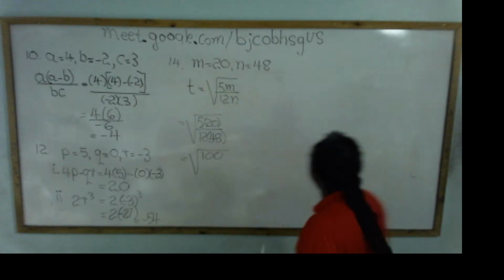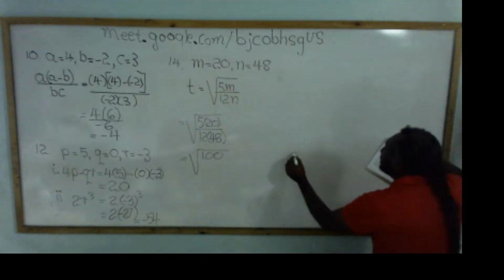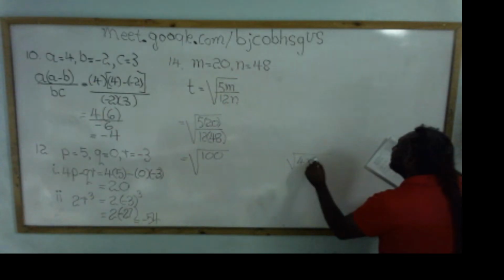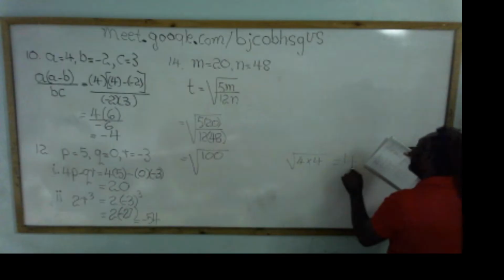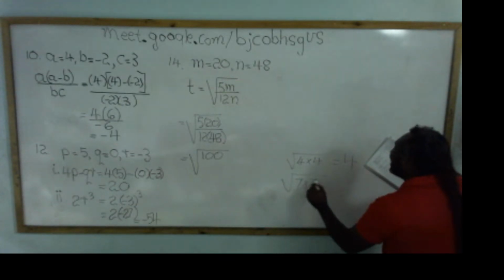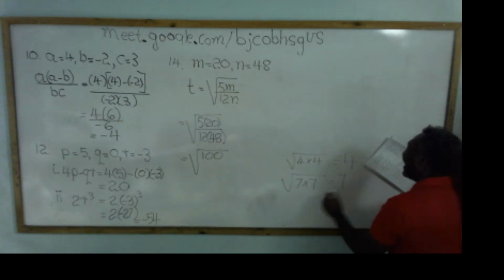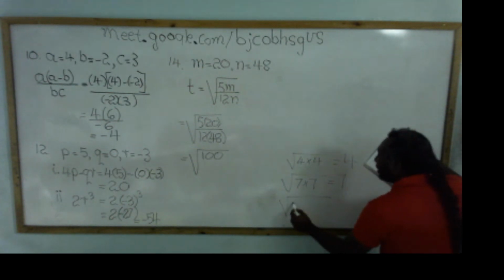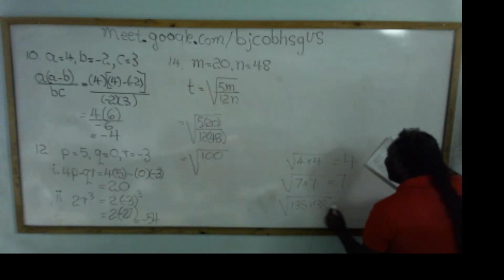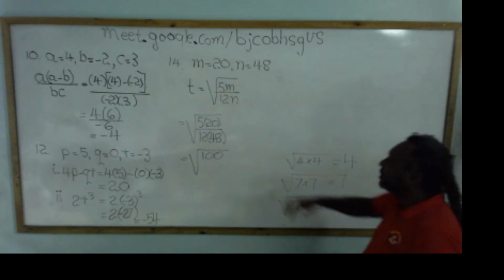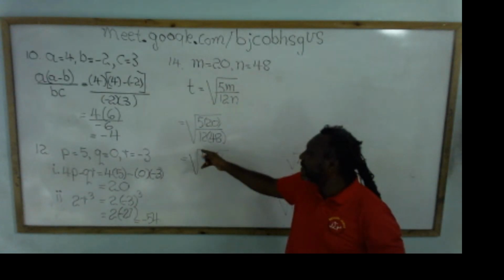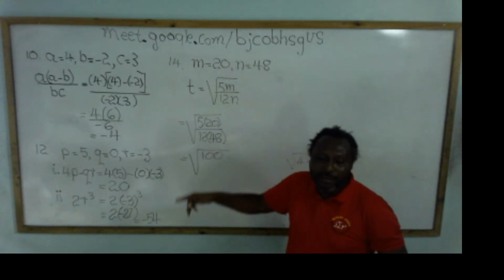Because if you have the square root of 4 times 4, then the result of that is 4. And if you have the square root of 7 times 7, then the result is 7. And if the number is so sophisticated, 138 times 138, then the result is 138. So if we can double the factors here, then we are through.